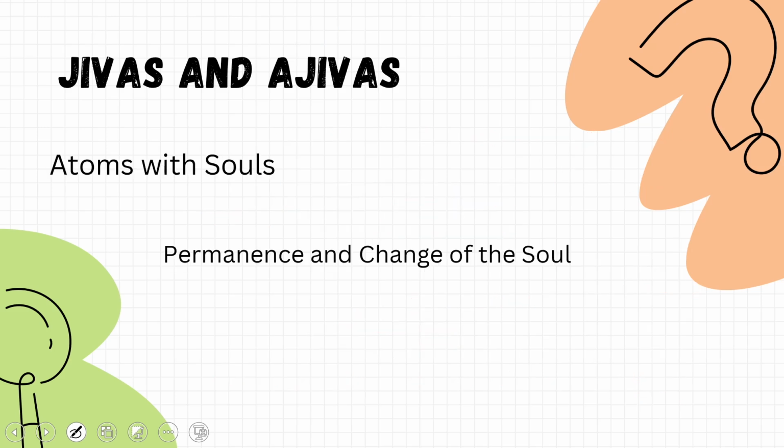Next we have that Jainism believes that every atom in a way has a soul. Okay, listen to this carefully. Every atom has a soul, but it is not jiva because it lacks sense organs and consciousness.